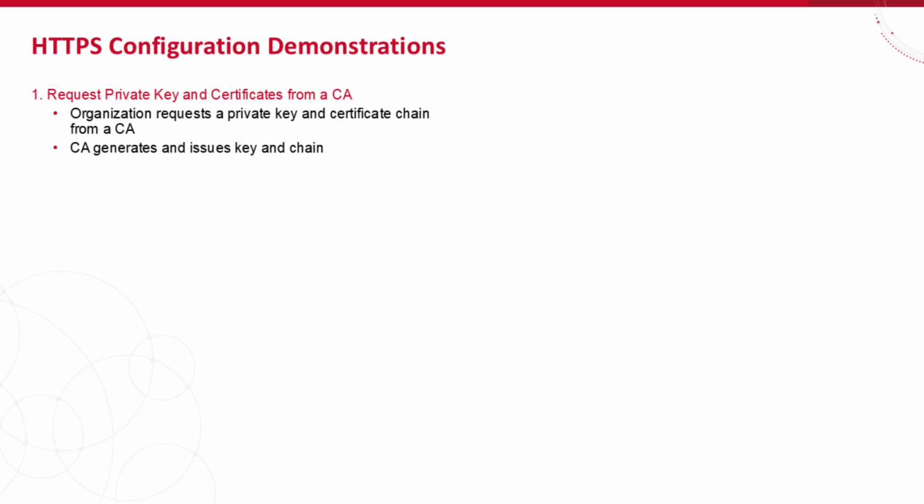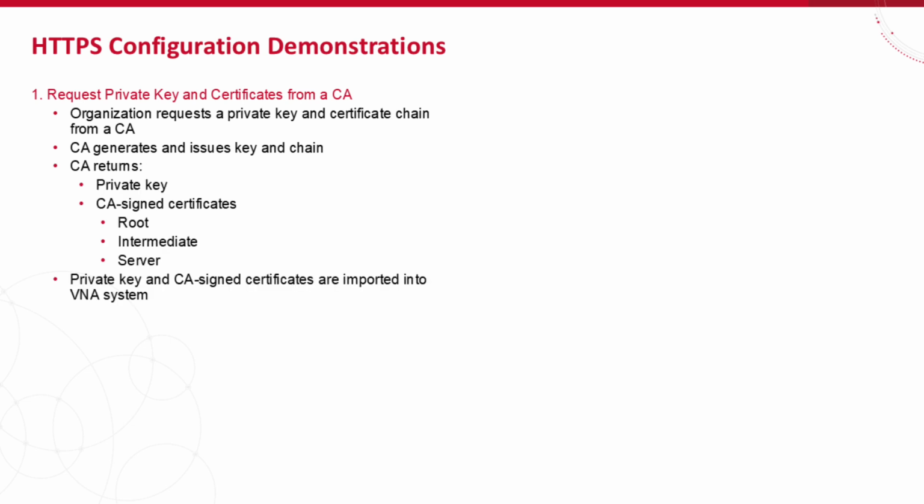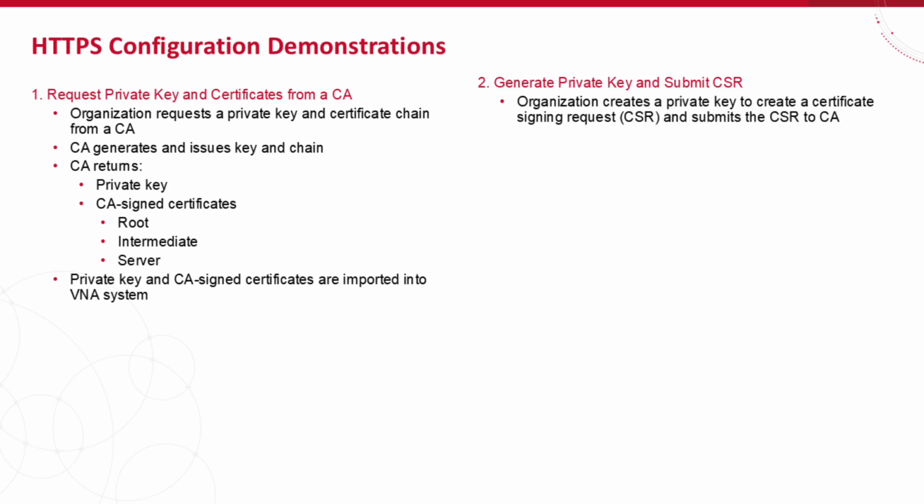Then from that private key, generate and sign the certificate chain, consisting of the root, intermediate, and server certificates. When the CA returns the private key, and the root, intermediate, and server certificates, they are imported into the VNA stores. The second way to acquire CA-signed certificates is for an organization to generate their own private key, then use the private key to create a certificate signing request, known as a CSR.